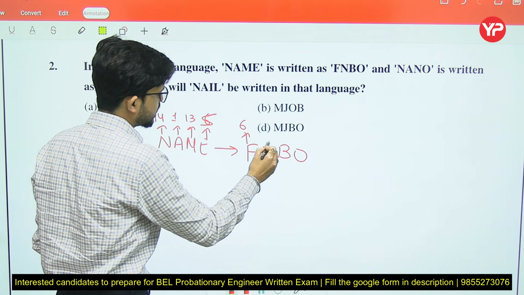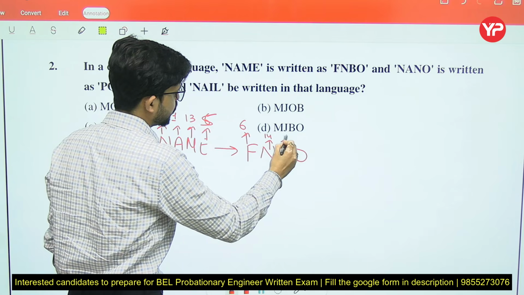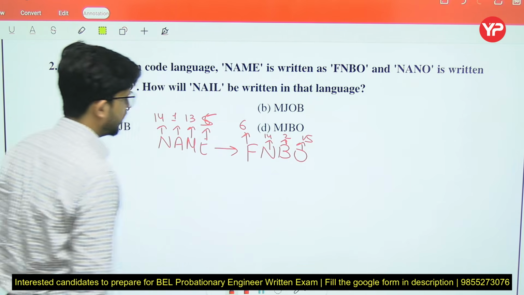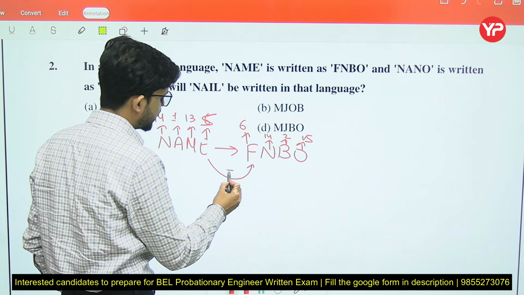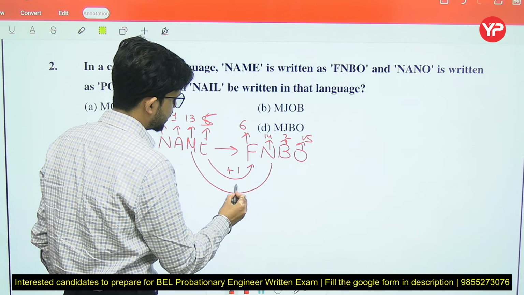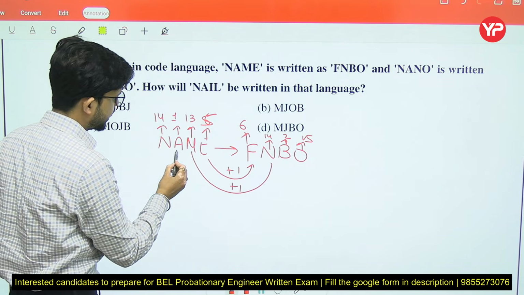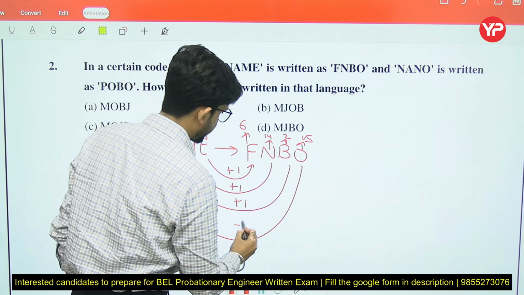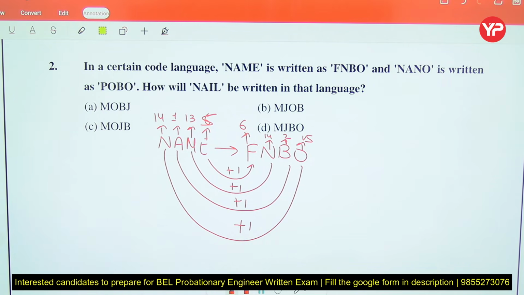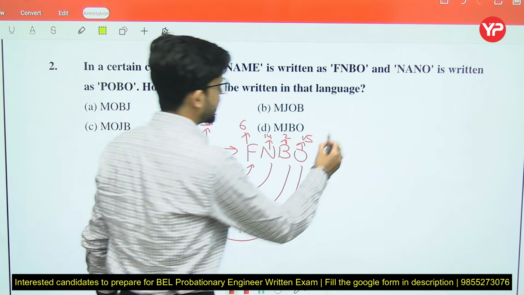F is 6, N is 14, B is 2 and O is 15. Now I can clearly see the pattern: E plus 1 is F, M plus 1 means 13 plus 1 is 14, A plus 1 is B, N plus 1 is 15. So this is the pattern we have to make similarly for NAIL.